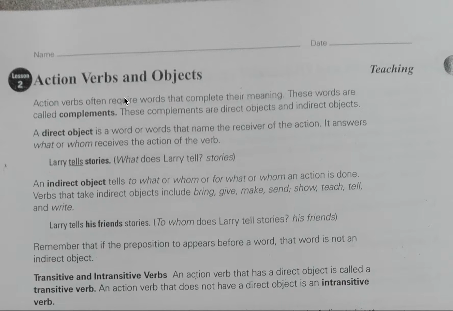Now this part gets really confusing, so we're going to explain this a little bit differently. So in our first sentence, we have Larry tells stories. Larry tells his friends stories. So now we have more information. This, his friends, is a direct object.